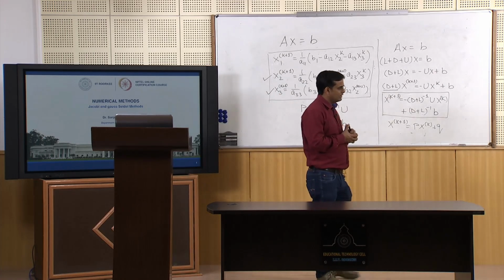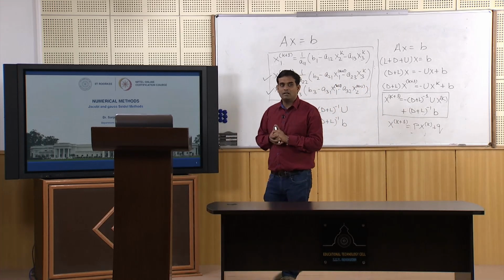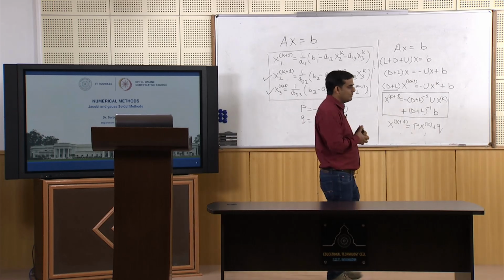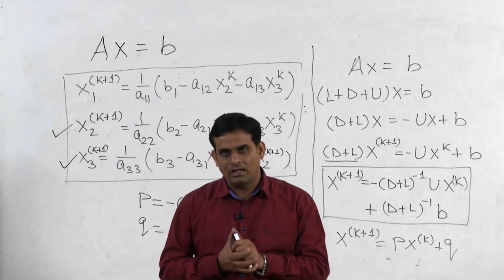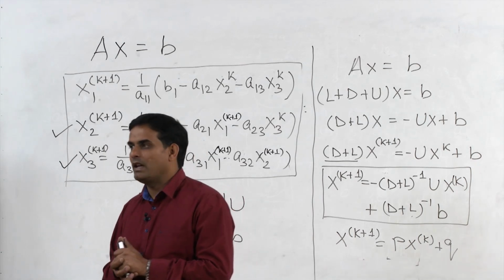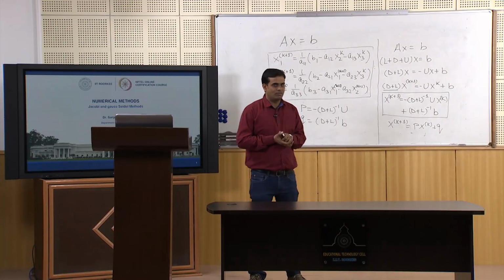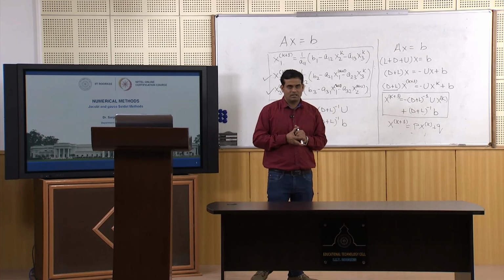Hence, an iterative scheme is good if it is faster. So, effort should be made in developing an iterative scheme by taking care of its convergence or rate of convergence, how fast it converges to the exact solution.